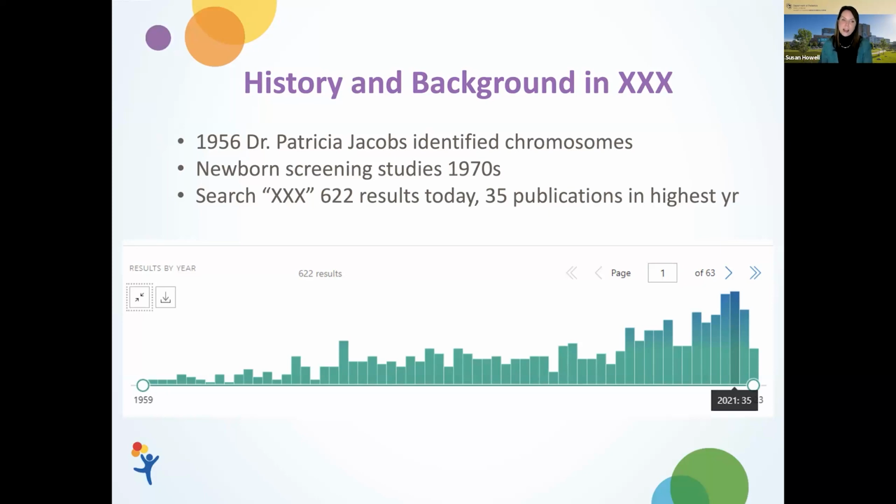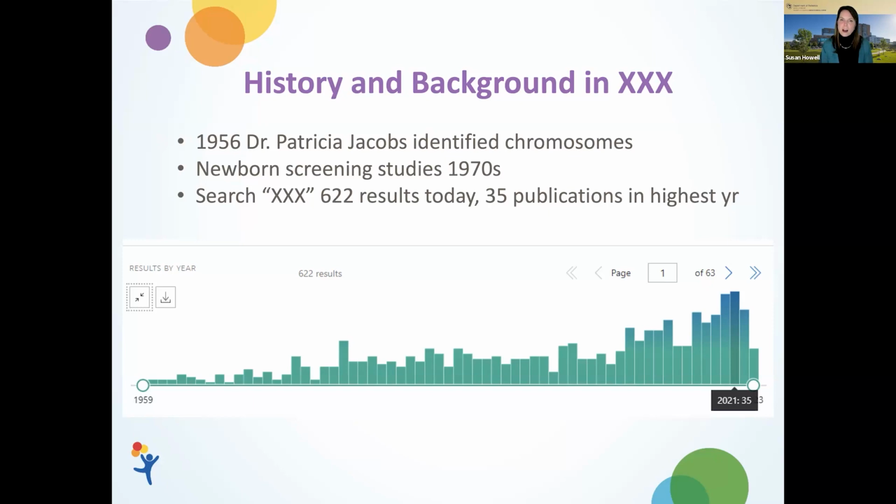Today, if you search through PubMed in the medical literature, you'll find a total of about 622 articles talking about trisomy X. And relative to other medical conditions, especially in context of how common trisomy X is, this is very small.